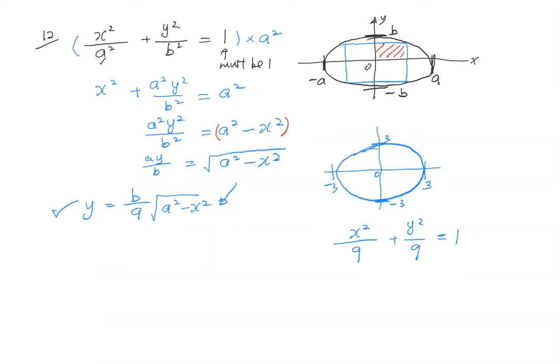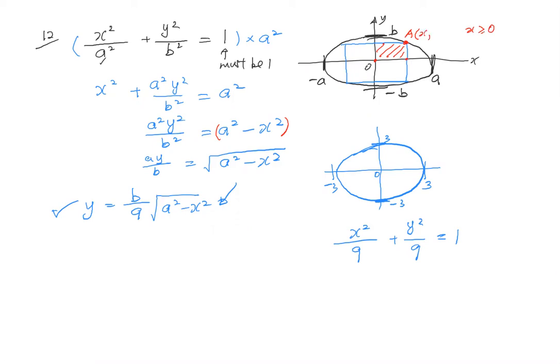Okay, so if you look at this point, I name this point as A. The question named this point as A. So your x is positive. Okay, so your x must be greater than 0.